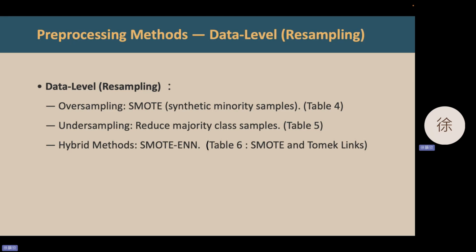Undersampling involves reducing the number of samples in the majority class. So hybrid methods might first increase the number of minority class samples, and then decrease the number of majority class samples, hoping to achieve a better balance.